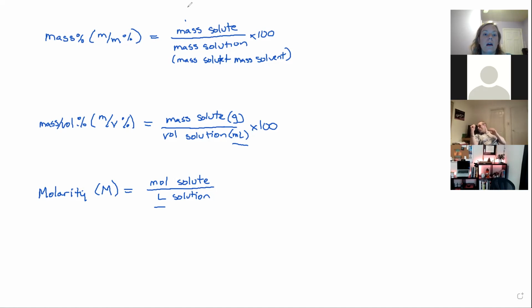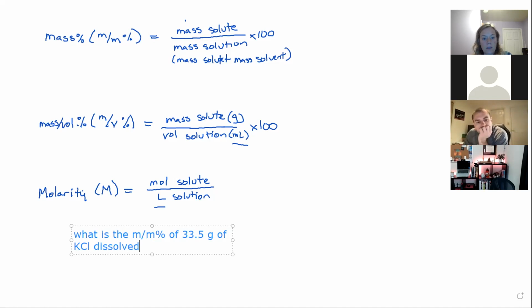So let's do a problem. What is the mass percent of 33.4 grams of KCl dissolved in 91.3 grams of H2O?